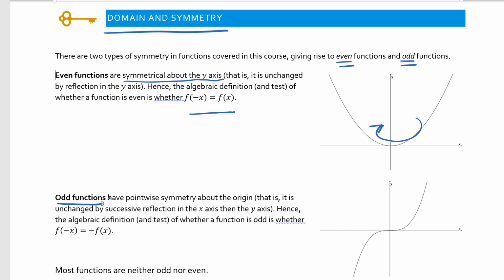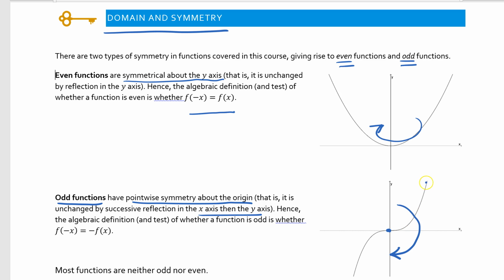Odd functions are said to have pointwise symmetry about the origin, which means that if we imagine putting a pin just there, for example, and rotating the shape through 180 degrees, then the shape would look the same. Doing that, of course, is the same as successive reflection, first of all in the x-axis and then in the y-axis.